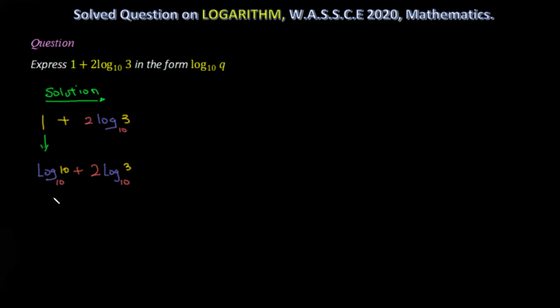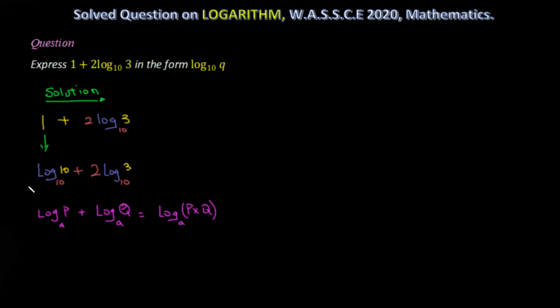Now from the laws of logarithm, log p base a plus log q base a gives log p times q base a. Now we use this law to resolve this.